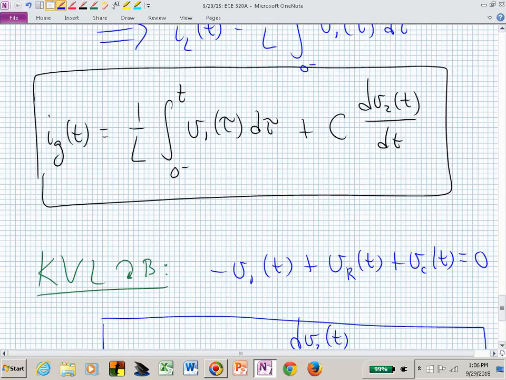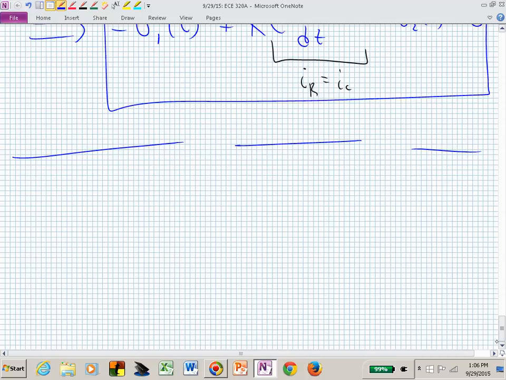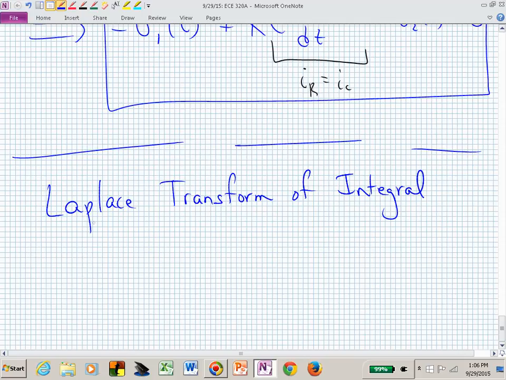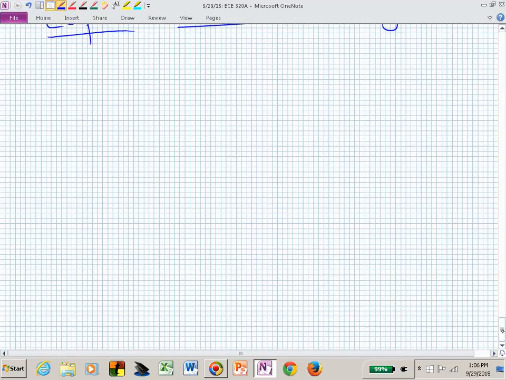So let's determine what an integral looks like in the frequency domain, or what that transform does in the frequency domain. Let's look at the Laplace transform of an integral.